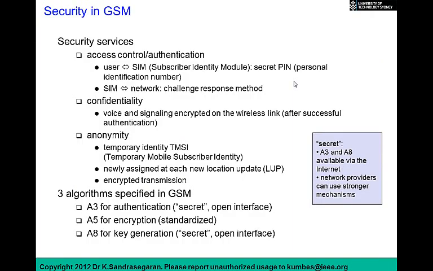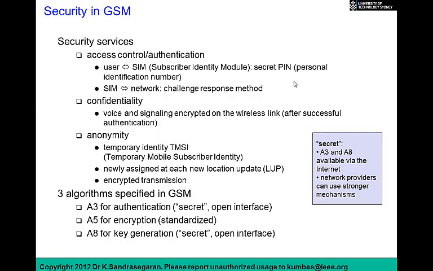One aspect of access control is accessing the handset, so usually there is a PIN number associated with accessing the handset. The next one is we want to make sure that the SIM is properly authenticated, and we have a challenge and response method that is used to do that.